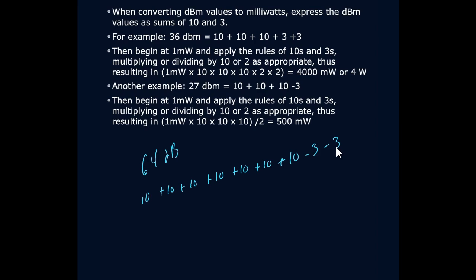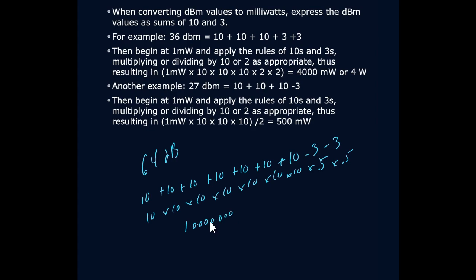So once again, we'll just have to convert that all out. So 10 times 10 times 10 times 10 times 10 times 10 times 10. So 7 tens times 2 times 2. Oh, wait, nope, not times 2. Remember, we're subtracting here. So times 0.5 times 0.5, or times half. So there's 7 of these. So 10 followed by 6 more zeros.